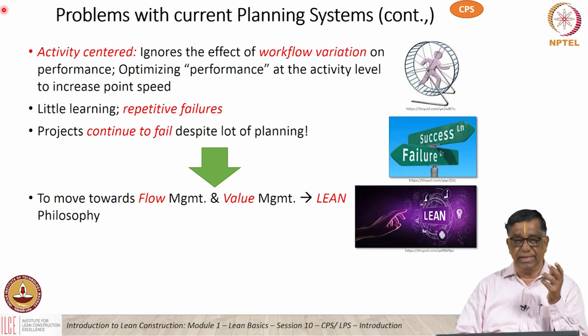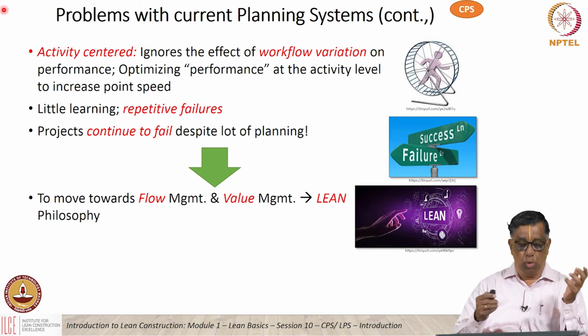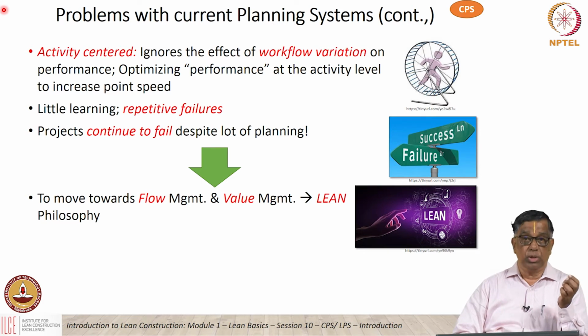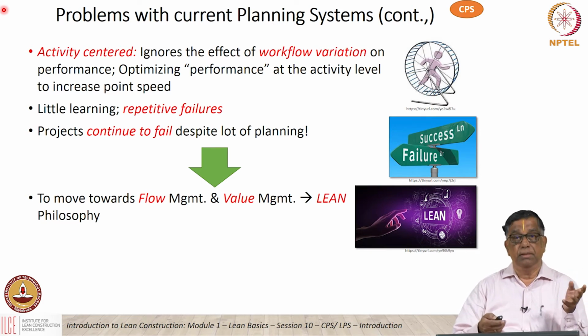So it's all activity oriented, and there is not much concern with the overall flow of work, and there is not much of feedback loops. So there are repetitive failures, the same kind of problems occur again and again, and the projects continue to fail. And today the Ministry of Program Implementation keeps coming up with bad statistics. We are not able to control much.